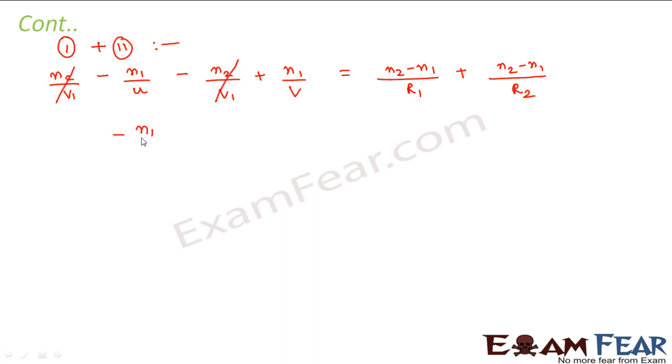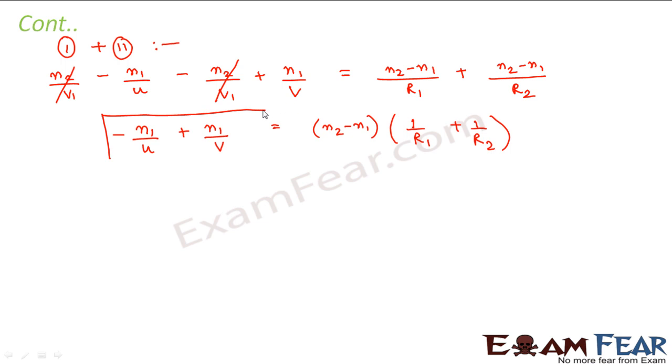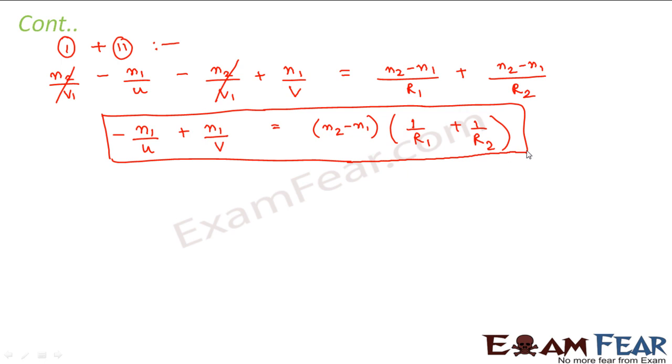So we get minus n1 by u plus n1 by v is equal to n2 minus n1 into 1 by R1 plus 1 by R2. So this is the expression which we get for refraction by a convex lens, right? Because this is the expression which we get by combining the equations for the two spherical surfaces. So let us call this equation 3.